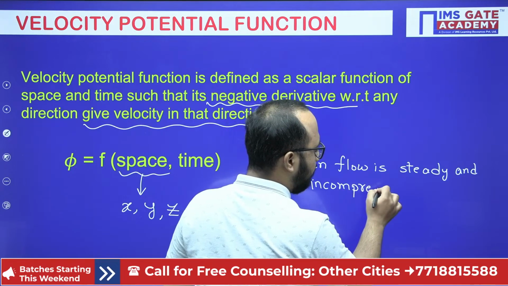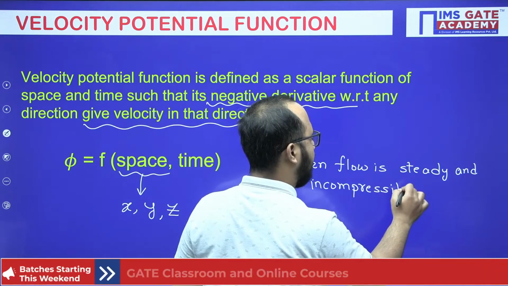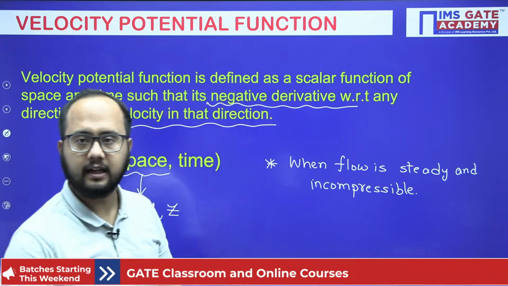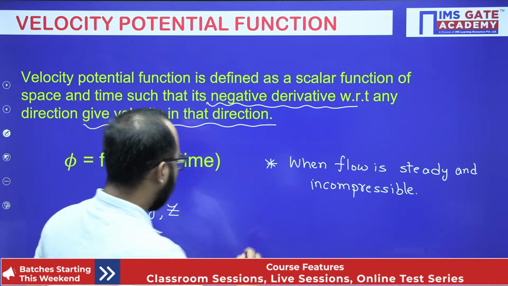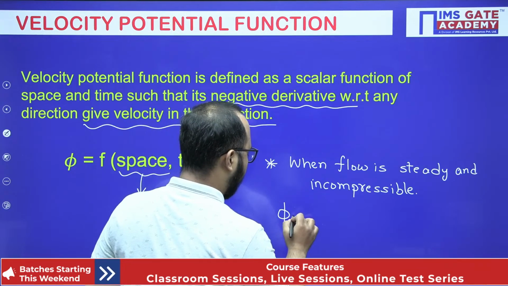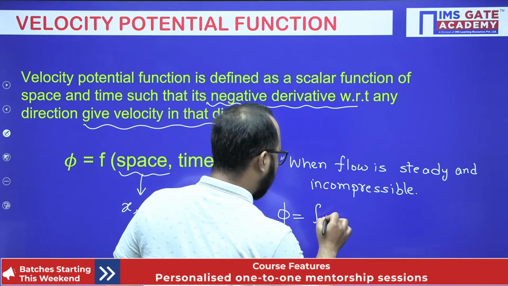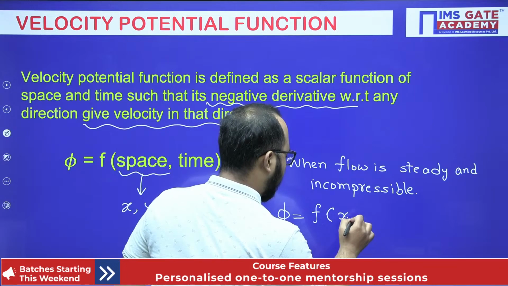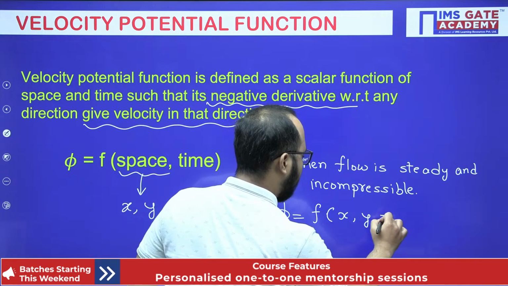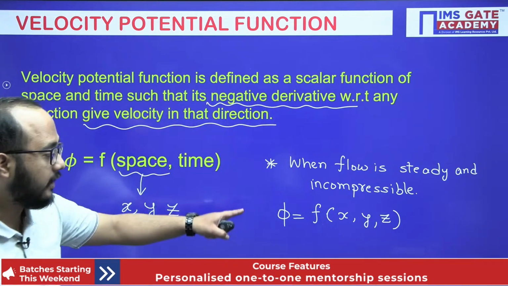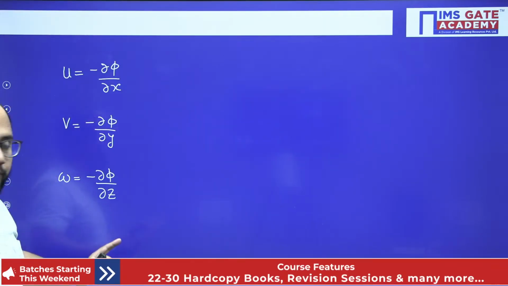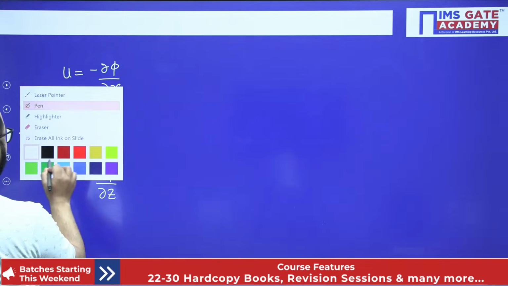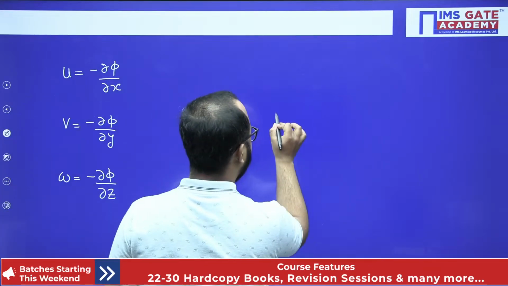These are the basic assumptions that we can take during our fluid flow analysis. Very important point. When the flow is steady and incompressible, in that case your function phi will become a function of x, y, and z, right? So we are using this function in order to calculate the velocities. I hope the point is clear, right everyone? Now see, this point you should remember.